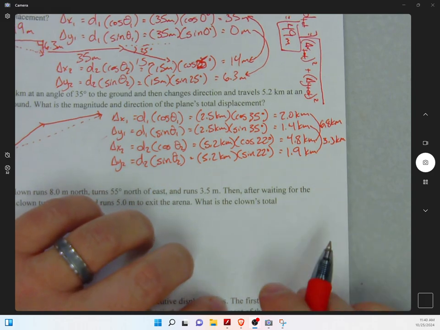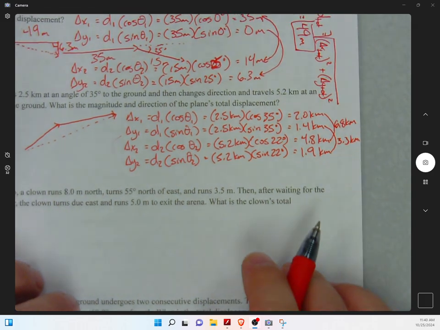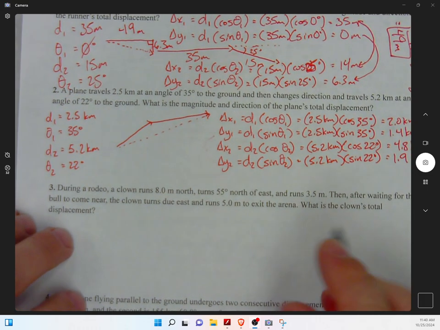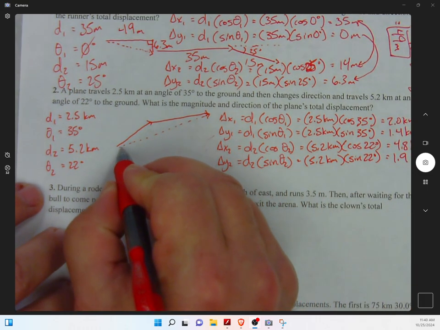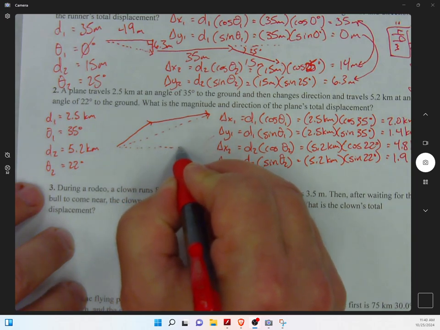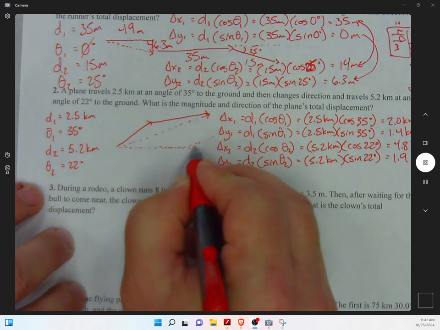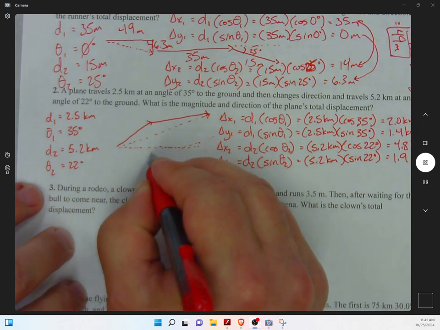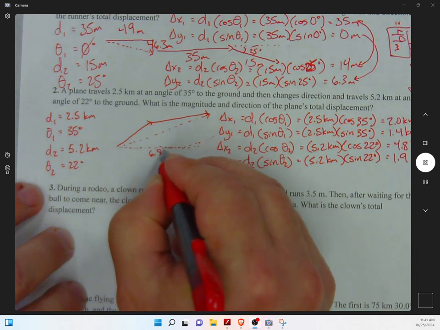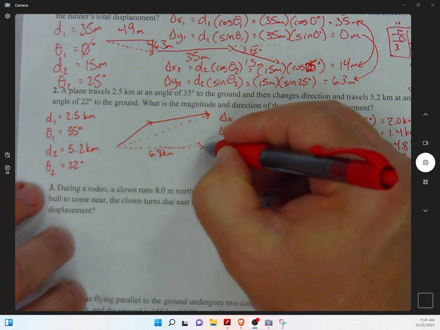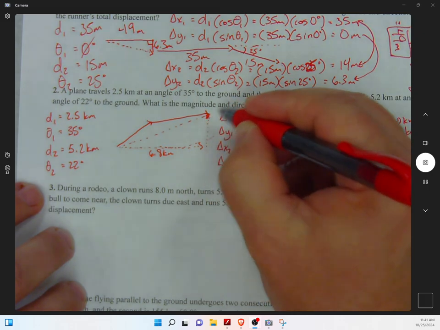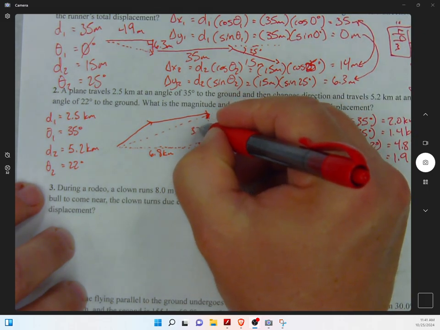Handwriting's a little sus, but that's okay. So, pretend that's straight. My x total is 6.8 kilometers, and my y total is 3.3 kilometers.